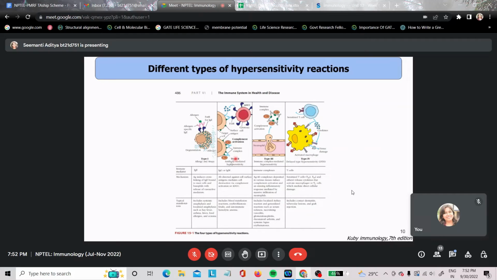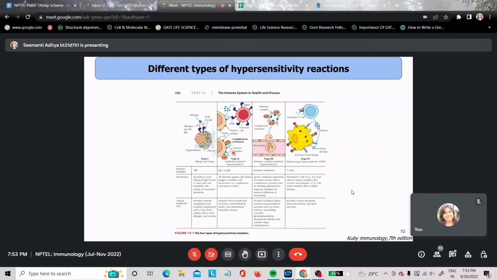This antigen antibody complex will then activate the complement proteins present in your blood, and these complement proteins will go and bind to this Fc region, and this will result in a greater cleavage of your complement proteins.